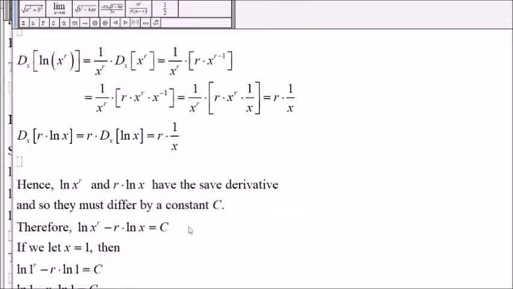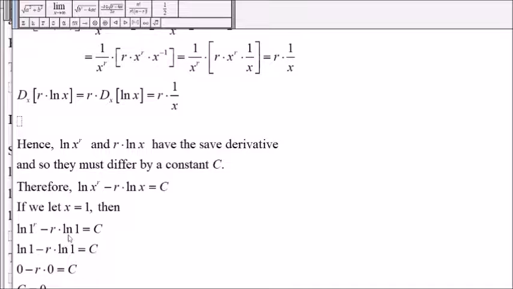And so since the derivatives of ln x^r and r times ln x are the same, they must differ by a constant, and we'll call it c. And so we end up with the equation ln x^r minus r times ln x is equal to the constant. So we want to know what this constant is.